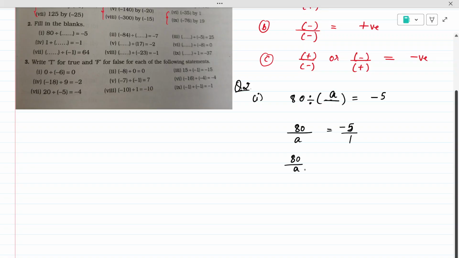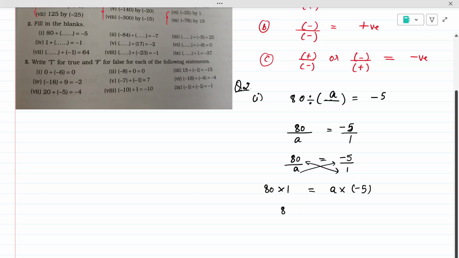It says that we can multiply the opposite numbers, that is 80 multiplied by this diagonal number is equal to A multiplied with this minus 5. Okay, this is equal to A into minus 5 here.